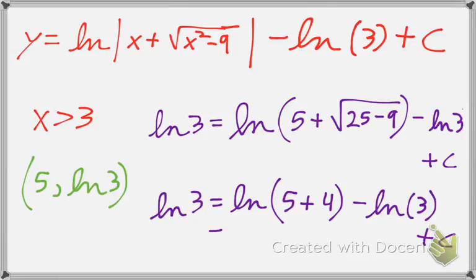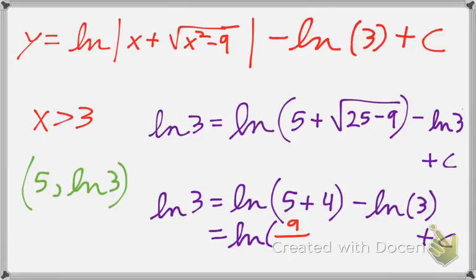So this will be equal to natural log of 9, and then since we did an unnecessary step, this subtraction of the natural log of 3 is unnecessary, so we'll just combine these logs again.